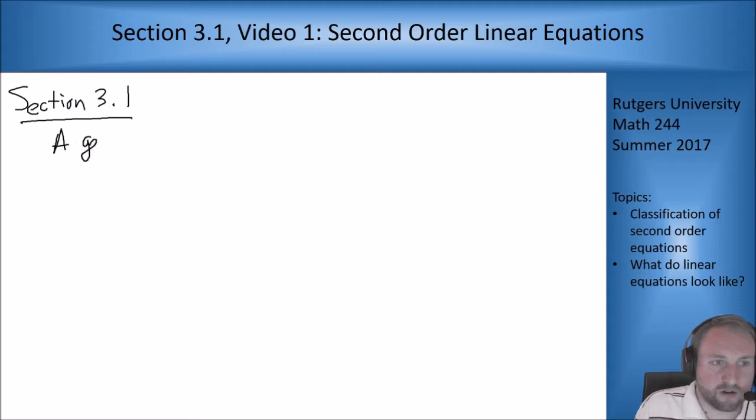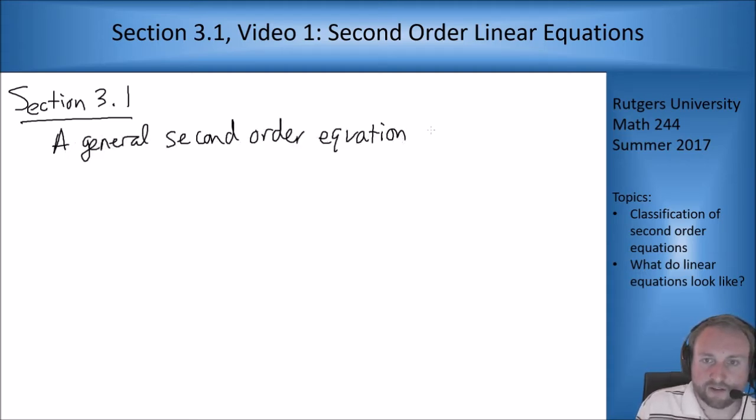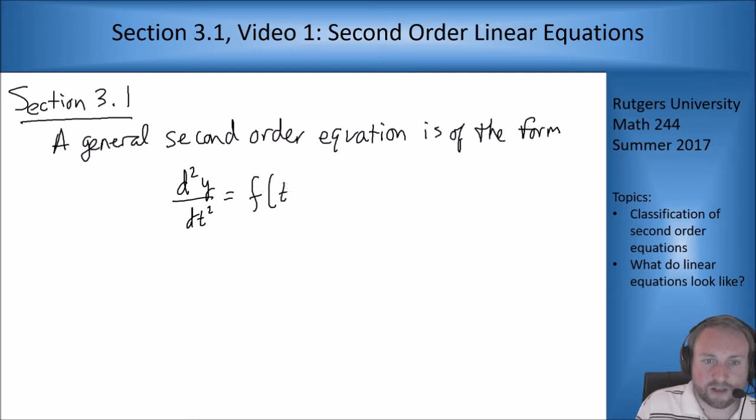So a general second order equation is of the form d squared y dt squared equals some function of t, y, and y prime.